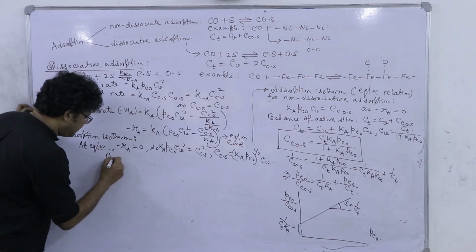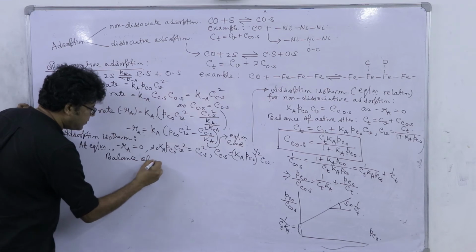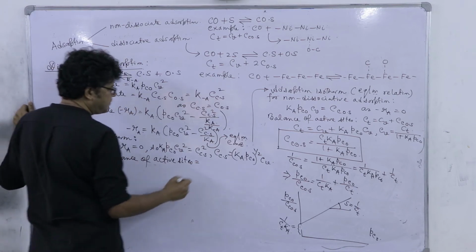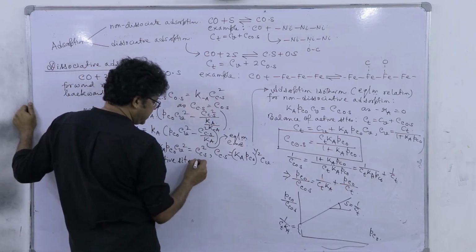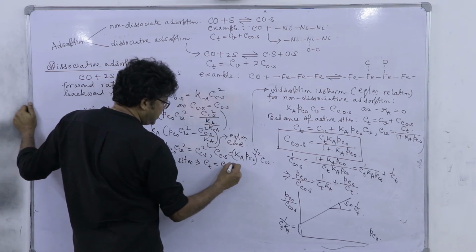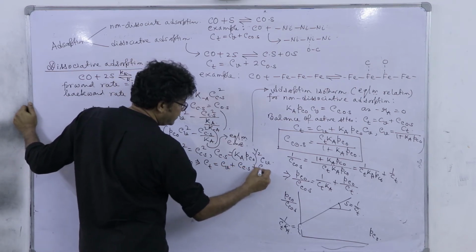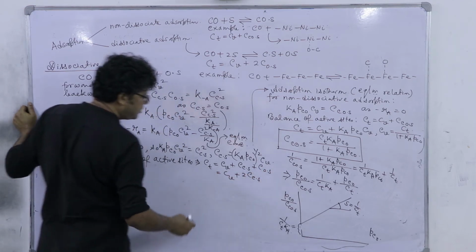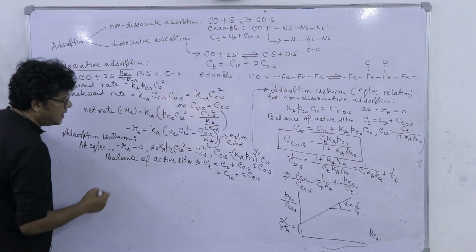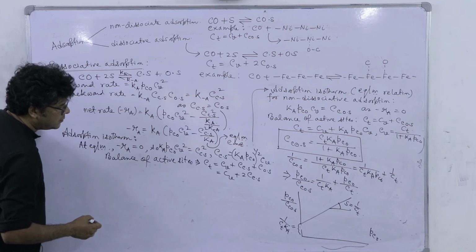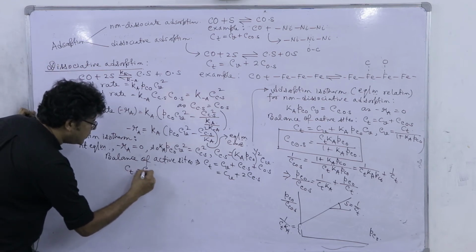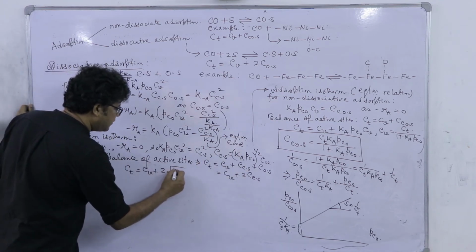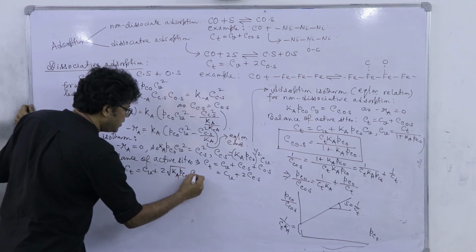So, the balance of active sites will give you Ct is equal to Cv plus C_C·S plus C_O·S, which is Cv plus 2 C_C·S. So, we can say that Ct is equal to Cv plus 2 C_C·S, and C_C·S is under root of Ka PCO into Cv.